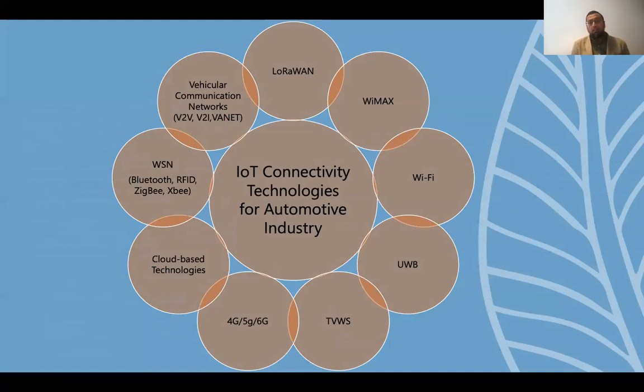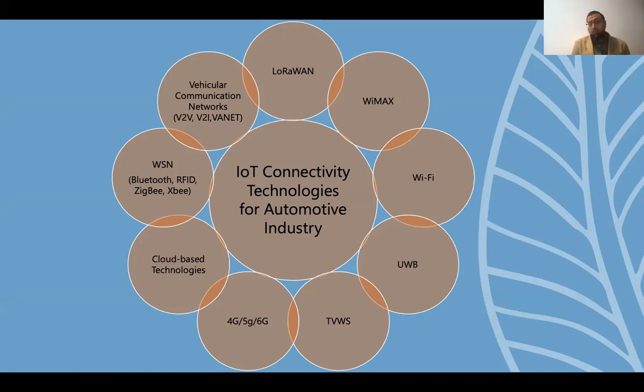What kind of technology can be incorporated with this? We can definitely use vehicular communication technology for V2I, V2V, VANET, and also wireless sensor networks, for example, Bluetooth, Zigbee, XBee, and LoRa. We can use TV white space, which will help us to solve the spectrum scarcity.